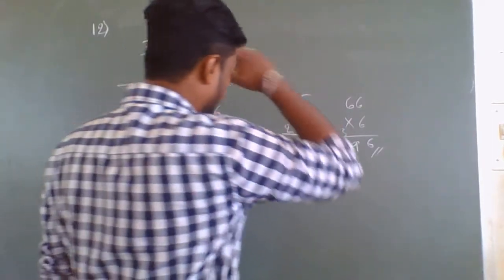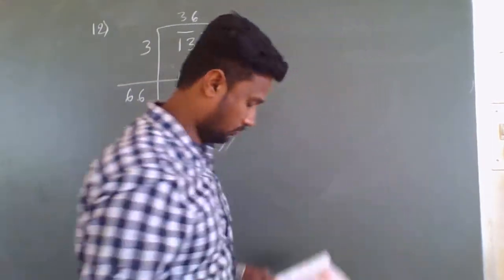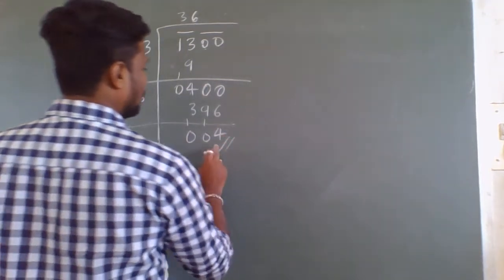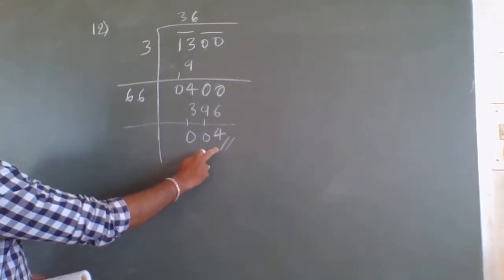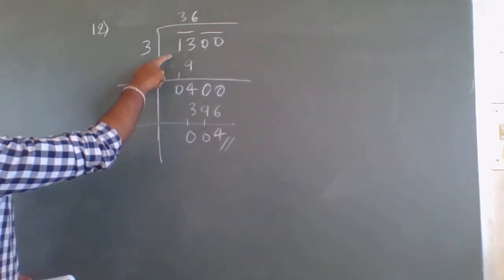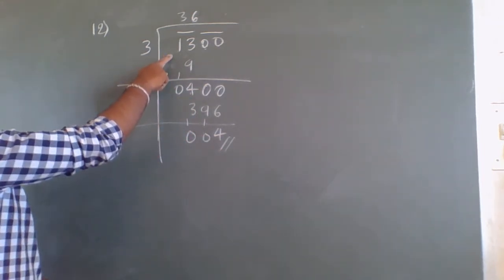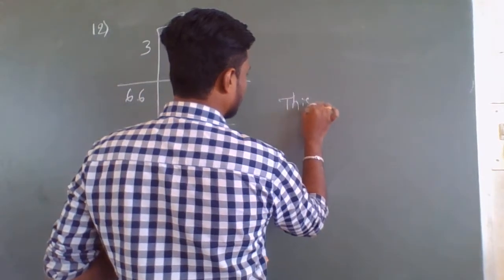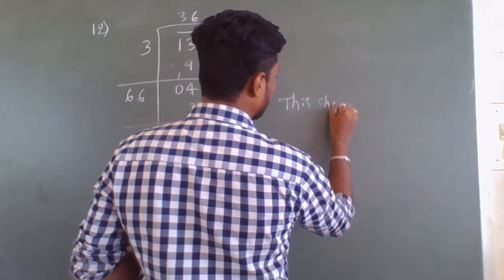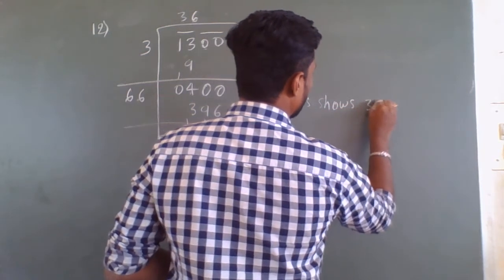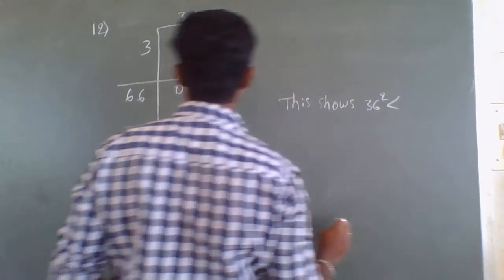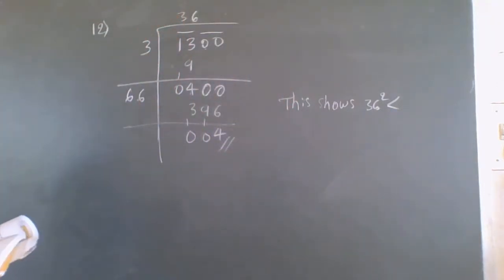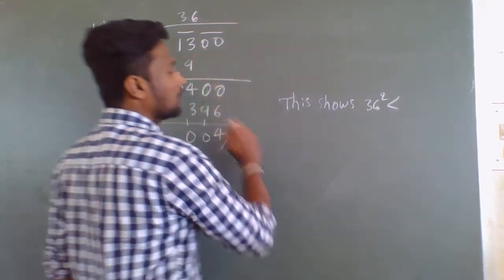Here we haven't got 0, which means this 1300 is not a perfect square number. This shows that 36 squared is less than 1300.